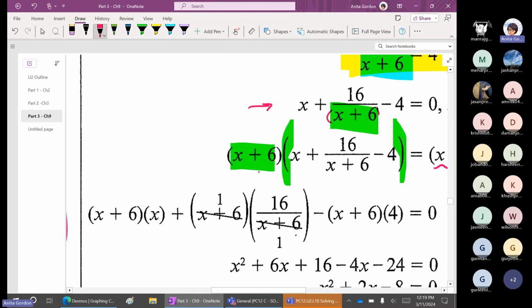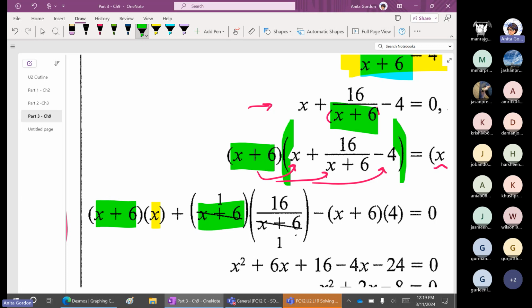So I take this factor and I multiply each term inside of my equation. I end up with x plus 6 times x. Then this and this denominator cancel out. I'm left with just a 16 here. And then x plus 6 times the 4.